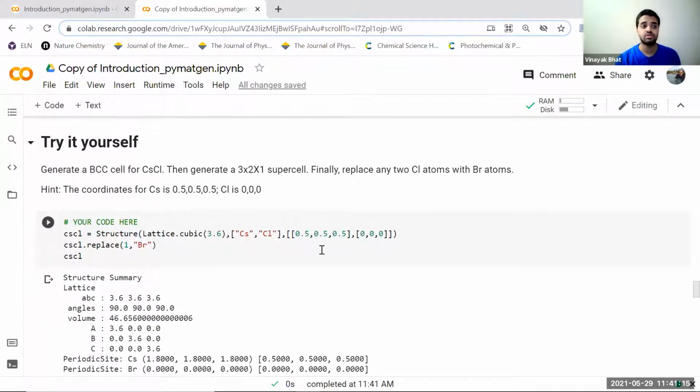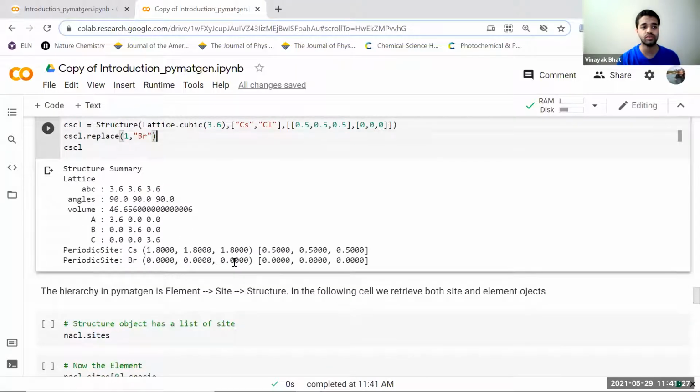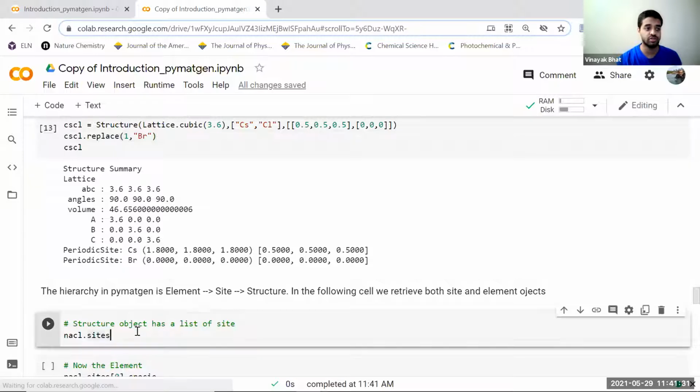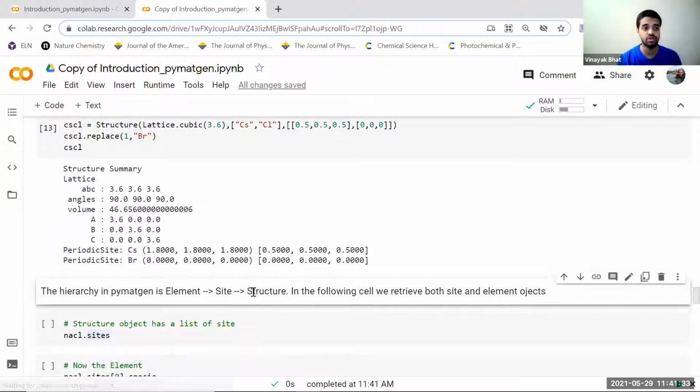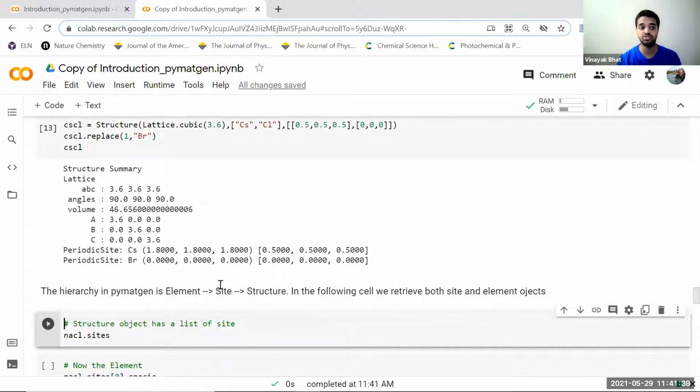So any questions until this point for periodic systems, generating periodic systems, or replacing one atom by the other atom? Okay. So let's go into how these things are arranged. So as I told you, there's a structure that we looked at first, and a structure is made of sites, and you can see periodic site.